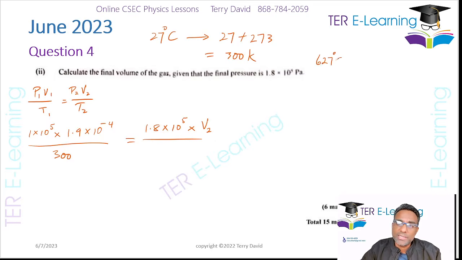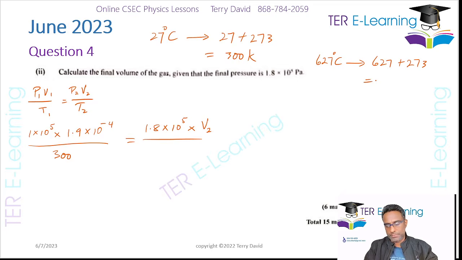So 627 degrees Celsius, we're going to have to add 273, so 627 plus 273. You're going to get 900 Kelvin, right? So basically, the temperature triples here. Now, this is a key step, guys. If you forget this, you're going to get the calculation wrong. That's why it's 6 marks.